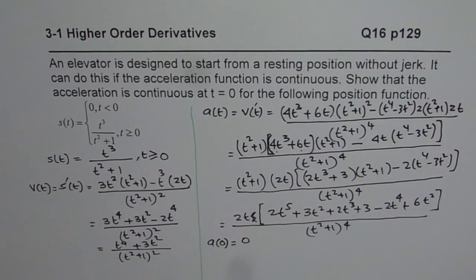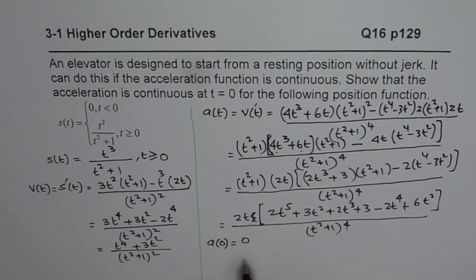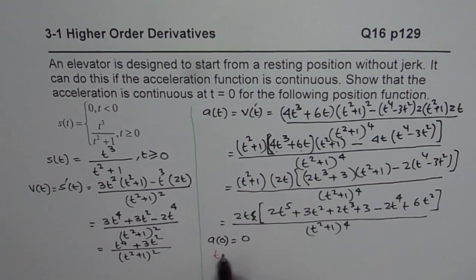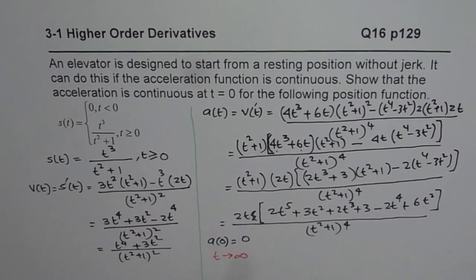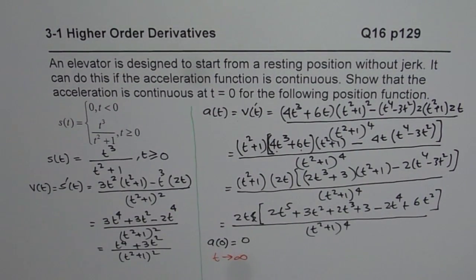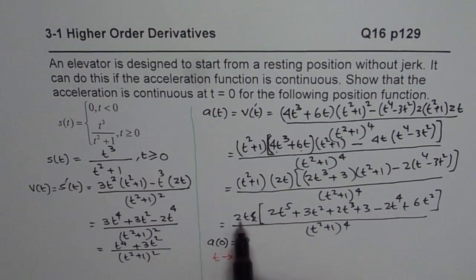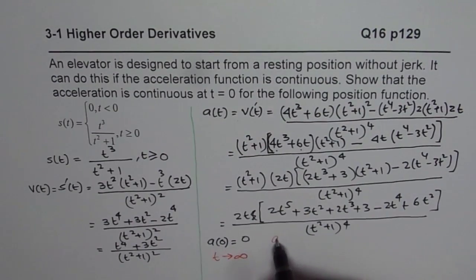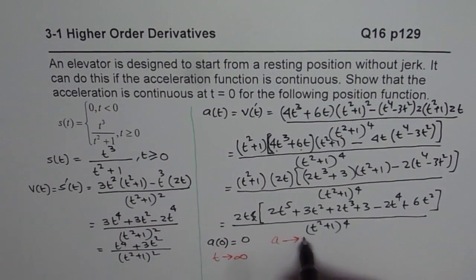Another part of this question, which I have not written here, was what happens when t approaches an infinitely large value. You will notice that the degree of the numerator is lower than the degree of the denominator for acceleration, so the acceleration approaches 0.